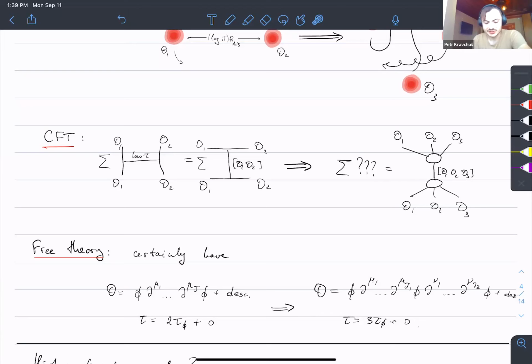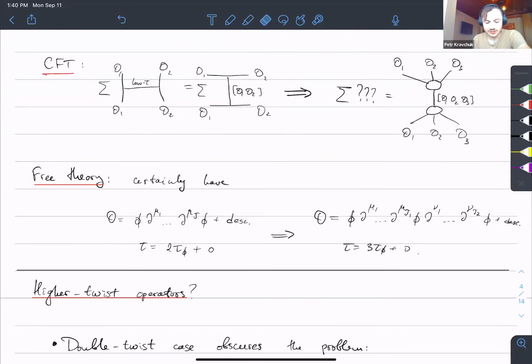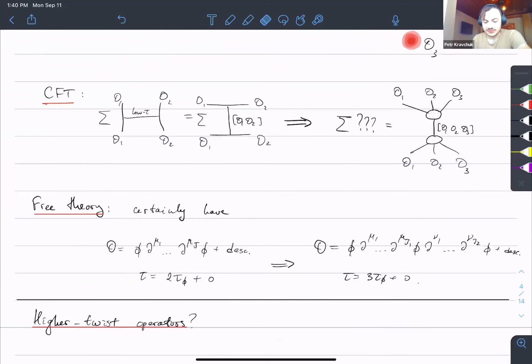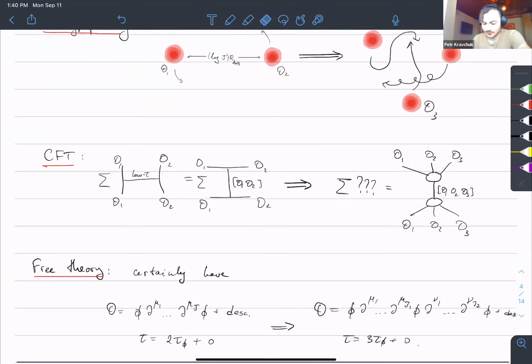It's just as easy as double twist operators, as you can build operators of 2 fields, you can build operators of 3 fields, with a bunch of derivatives between them. That's not a problem. The problem becomes when we add interactions, and that's going to be the main subject of the rest of the talk.